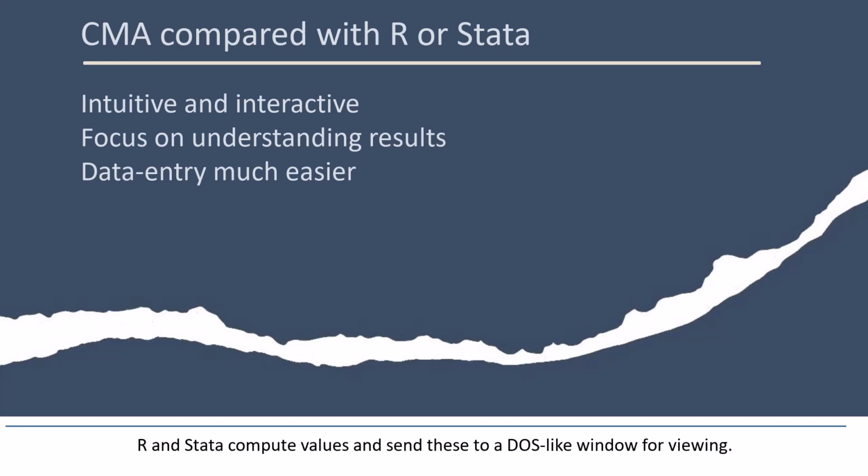Analyses. R and Stata compute values and send these values to a DOS-like window for viewing. By contrast, in CMA, the analysis is interactive. You can use the screen interactively to explore the impact of different studies, the effect of alternate weighting schemes, and so on. Forest plots.